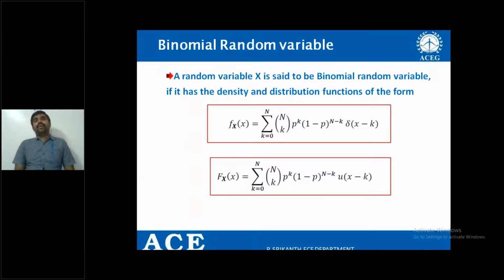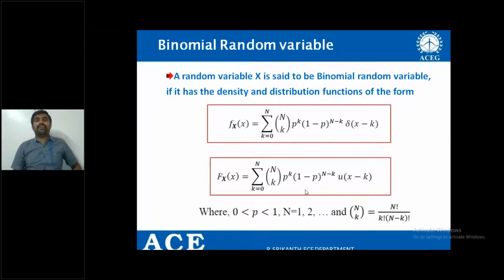As I said, for a discrete random variable, the distribution function must be made of unit step functions, right? And always this coefficient represents the probability value.